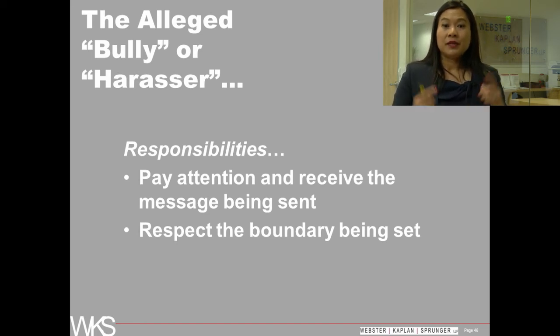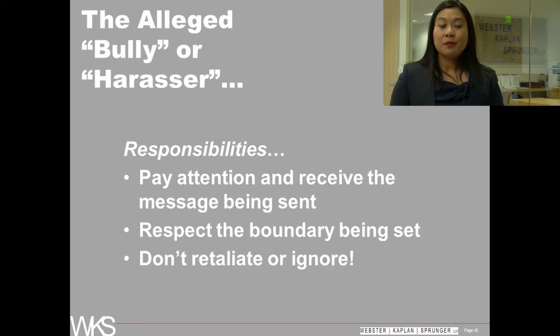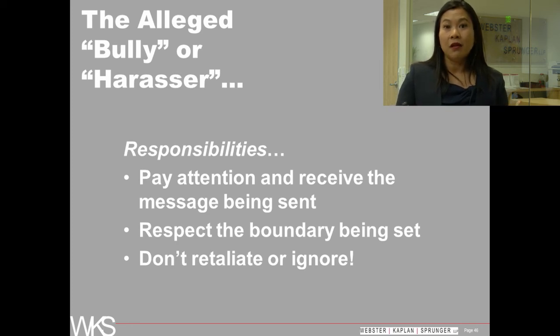So what I have to do is receive that message being communicated to me by the coworker, and I have to respect the boundary that individual has provided. So I have to change my behavior. And the last part of that is I can't retaliate or ignore because that individual has raised an issue with me. Okay? So that is each and every one of our responsibility as a potential alleged bully or harasser.